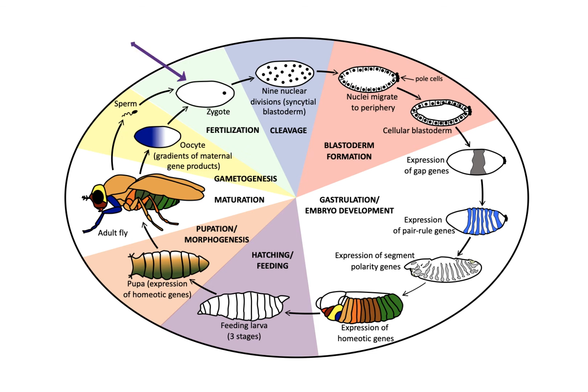So then there's fertilization, and initially there are 9 nuclear divisions without cellular separations. And so this is called a syncytial blastoderm. And then the nuclei are then cordoned off or separated off into cells around the perimeter.